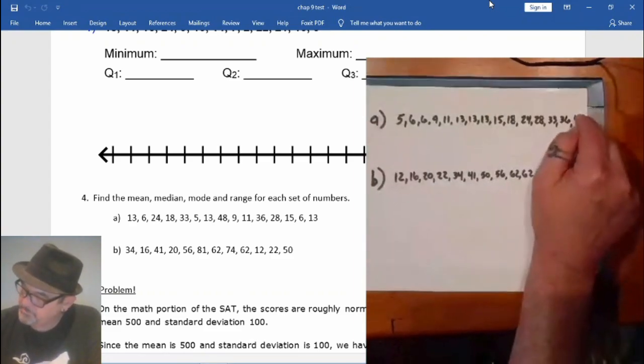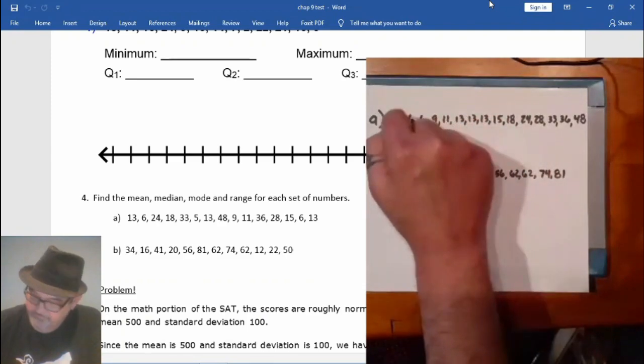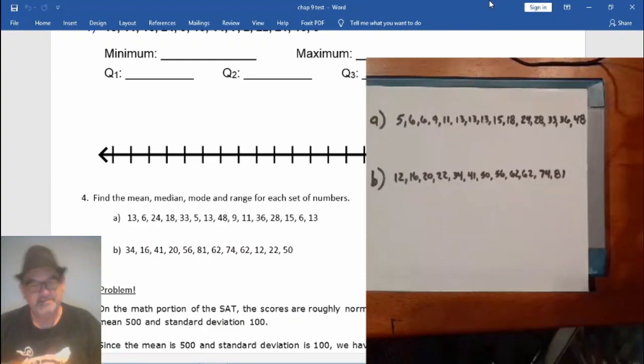And how many do we have? 1, 2, 3, 4, 5, 6, 7, 8, 9, 10, 11, 12, 13, 14, 15. So we divide by 15, and we get 18.53. So we'll just call it 18.5.